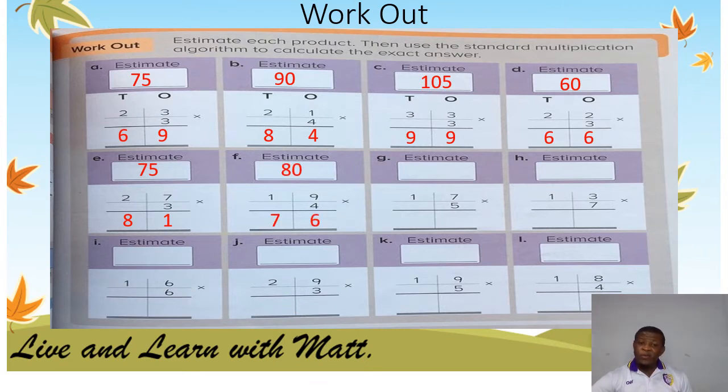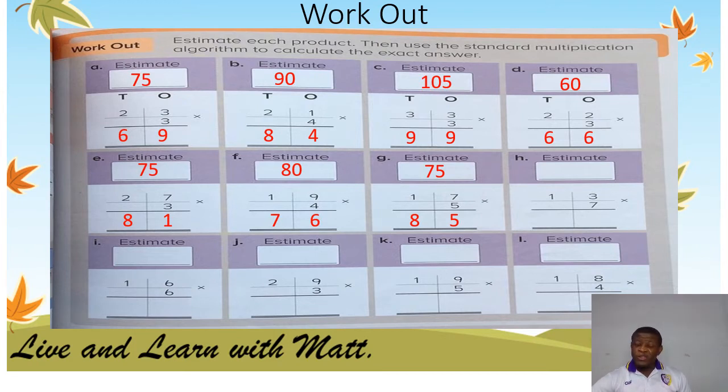Now, 19 times 4 will be 76. Part G, 17 times 5. That will be around 75. Now, the exact answer, 7 times 5 is 35. Write 5, carry 3 forward. 5 times 1 is 5, plus 3, that is 8. So we have 85.